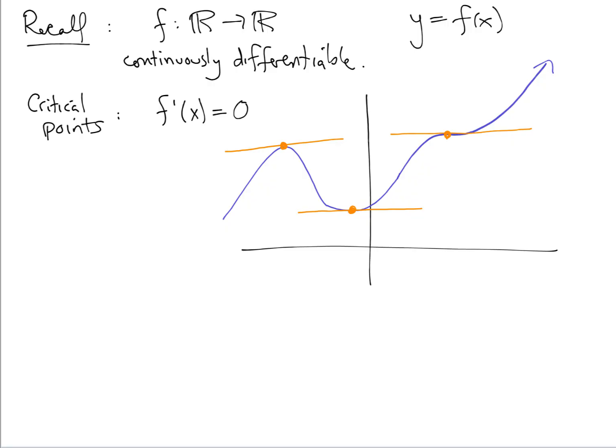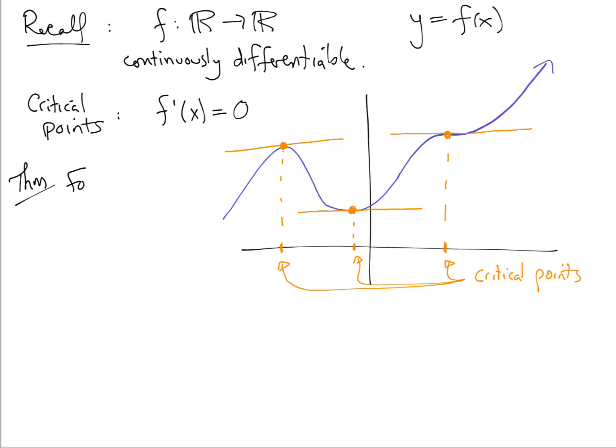But it is the case that for such a function, if we have a local minimizer, then it must be the case that the derivative is 0 at that minimizer. So we can state that as a necessary condition.